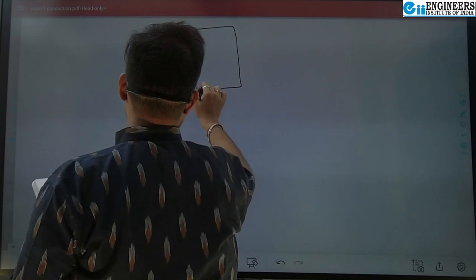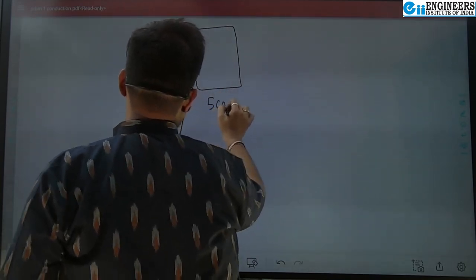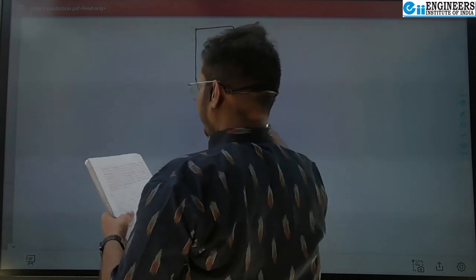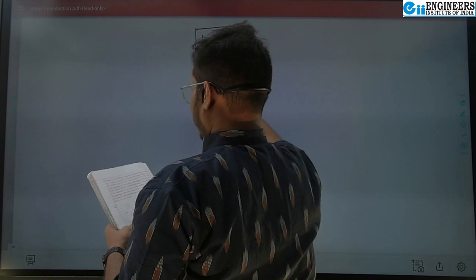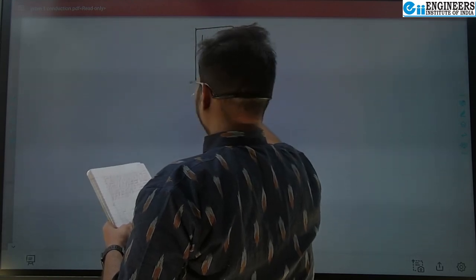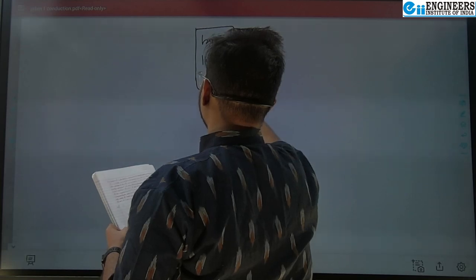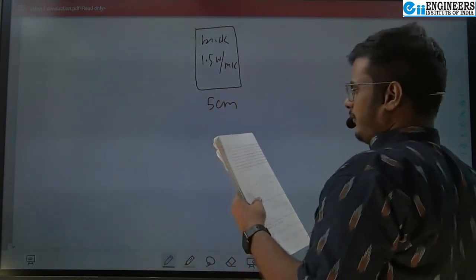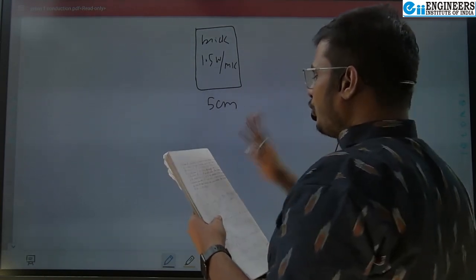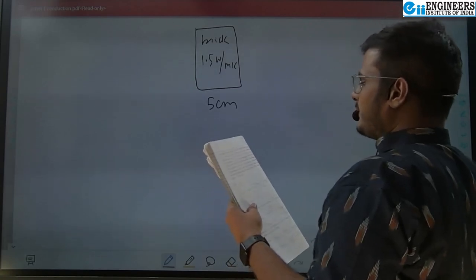So the thickness is 5 centimeter and it is a brick, given its thermal conductivity is 1.5 watt per meter Kelvin. This is placed in between two 0.5 centimeter thick steel plates.